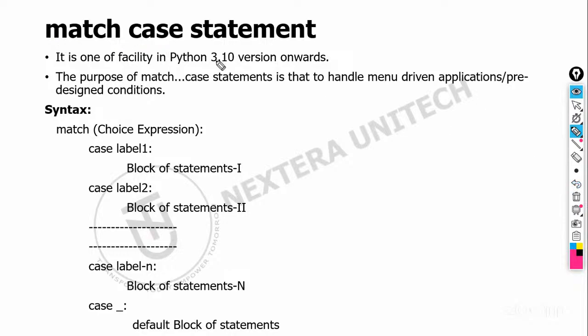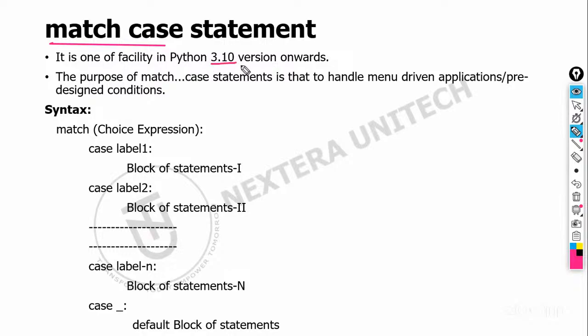What is it? It is match case. So let us understand what exactly these match case statements are. We also have the syntax. It is one of the facilities in Python that got implemented from Python 3.10, friends.